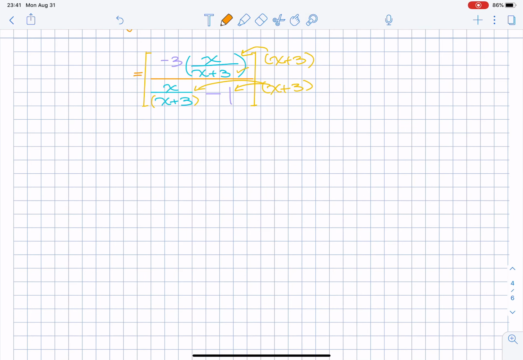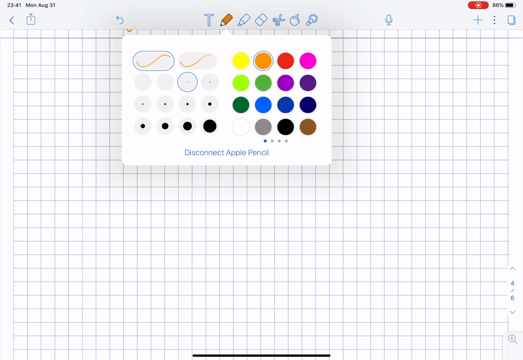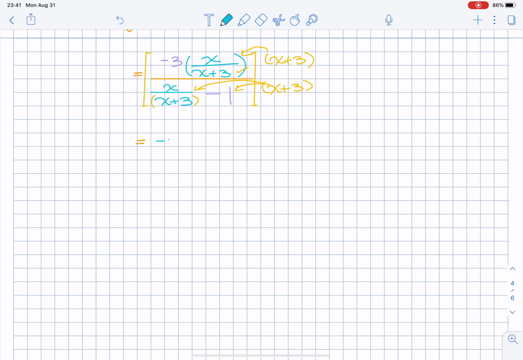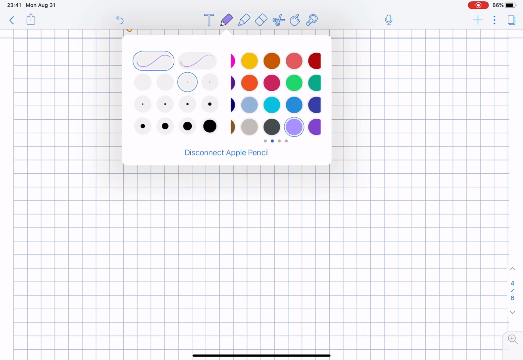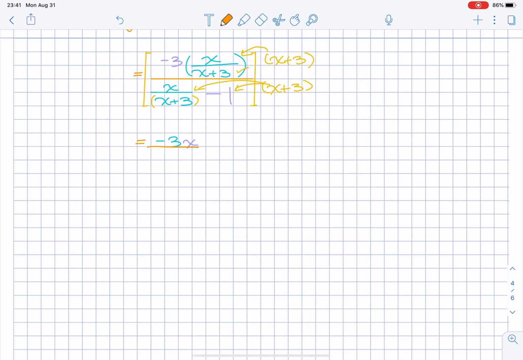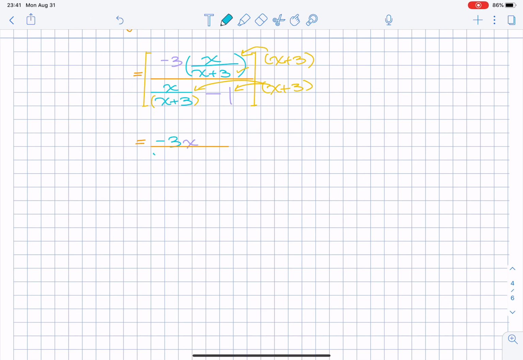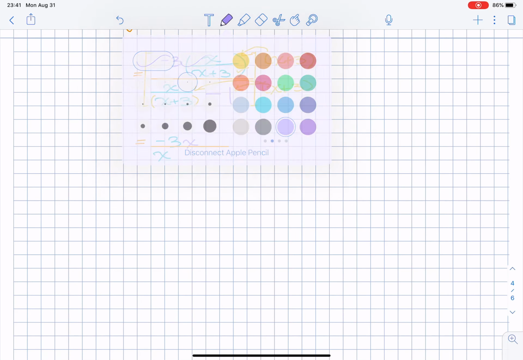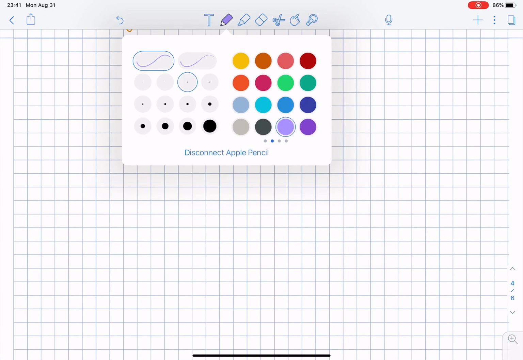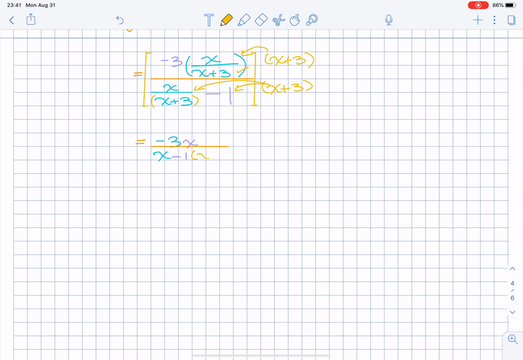Leaving us with, what will we get? In the numerator, we'll just get negative 3 times x. And in the denominator, we will get just x. Then we're going to get minus 1 times the x plus 3. So let's go ahead and distribute that negative 1.